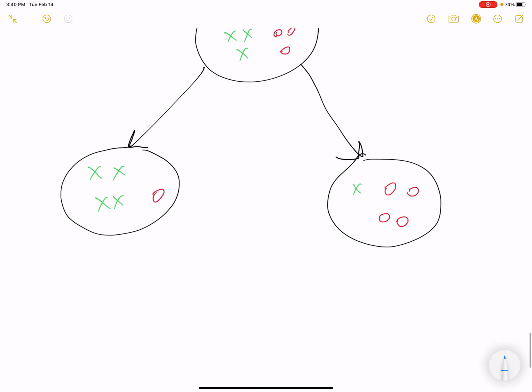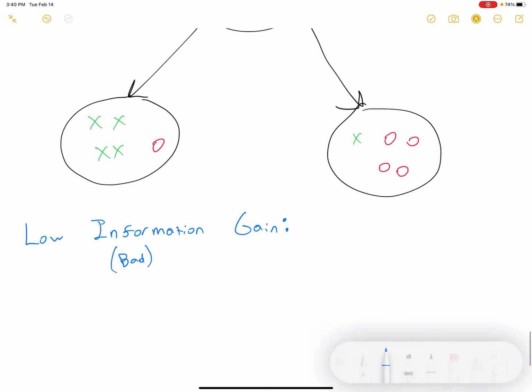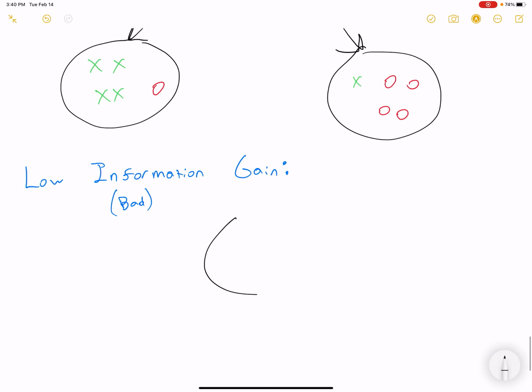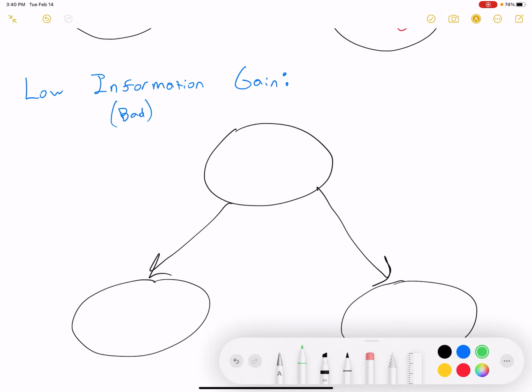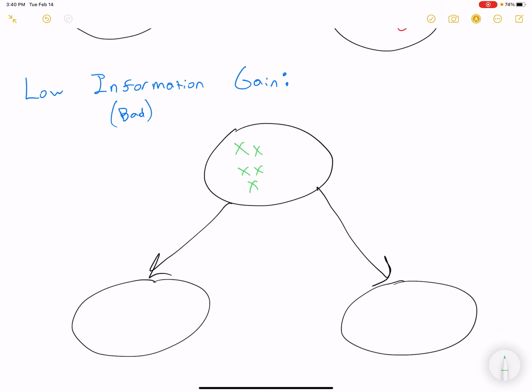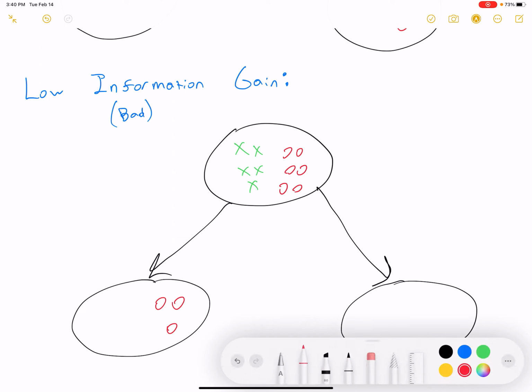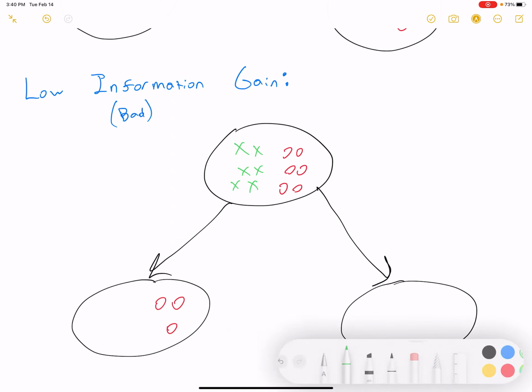In contrast, low information gain, which is bad, just in general in life, but also in machine learning, would be this type of scenario where, again, we have our 5 X's and 5 O's, and when we split them, we don't really, actually, for this example, I'm going to do 6 because it illustrates the point even better.